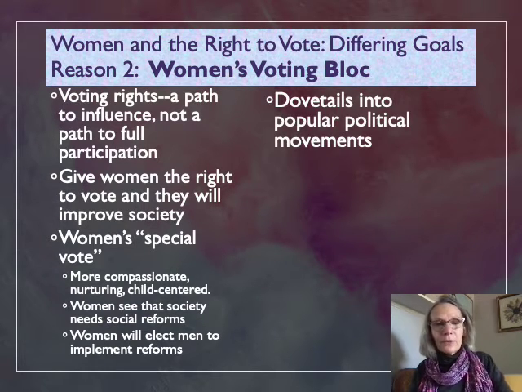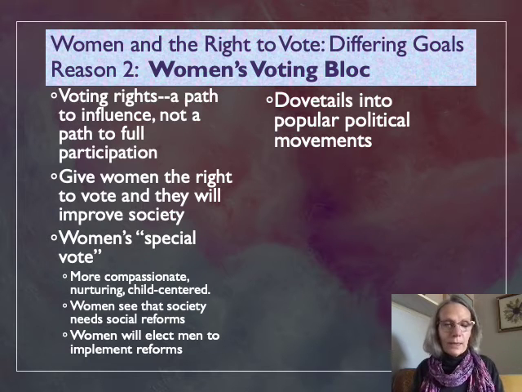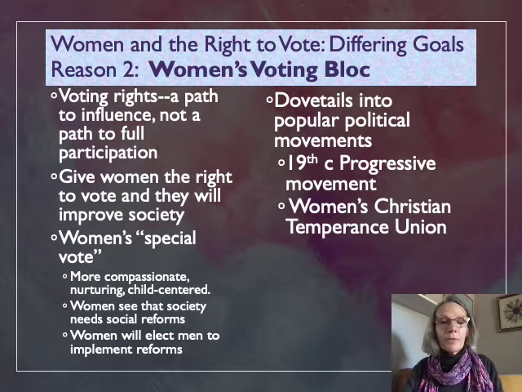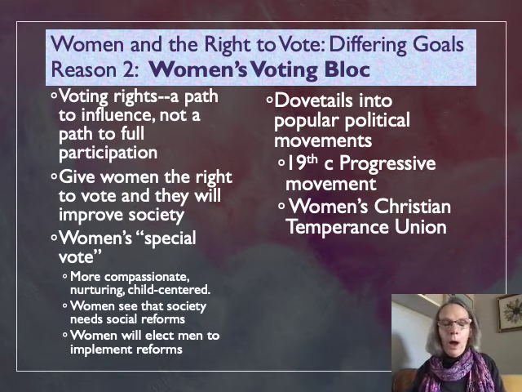Now, this dovetails really nicely into some of the political movements that were going on at this time period, in particular, the 19th century progressive movements. There were movements in the United States at the end of the 19th century that were basically saying there's a lot of harm going on.